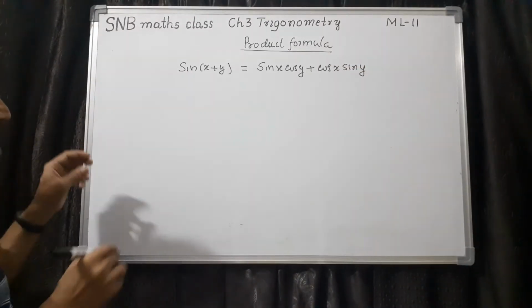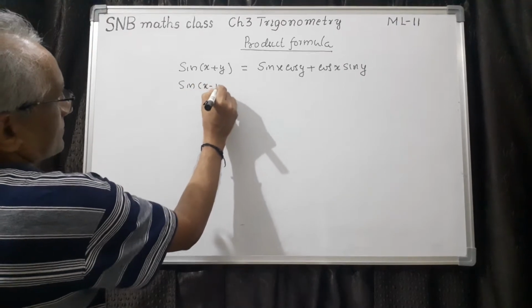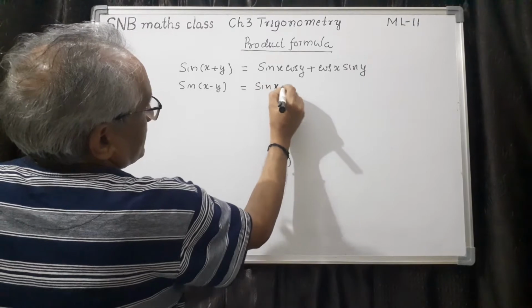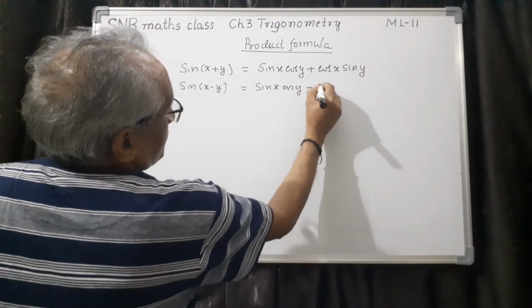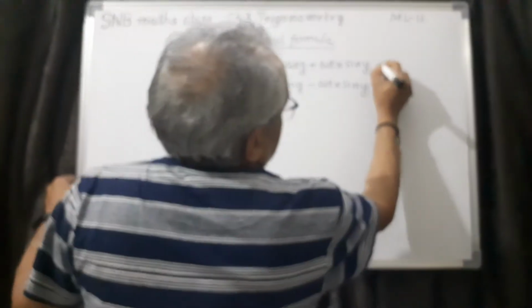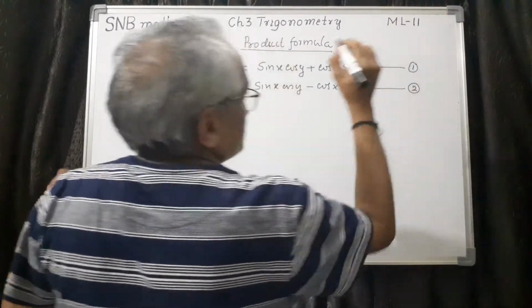So this we know already. Similarly, sin of x minus y will be equal to sin x cos y minus cos x sin y. So let me call this equation 1 and this equation 2.